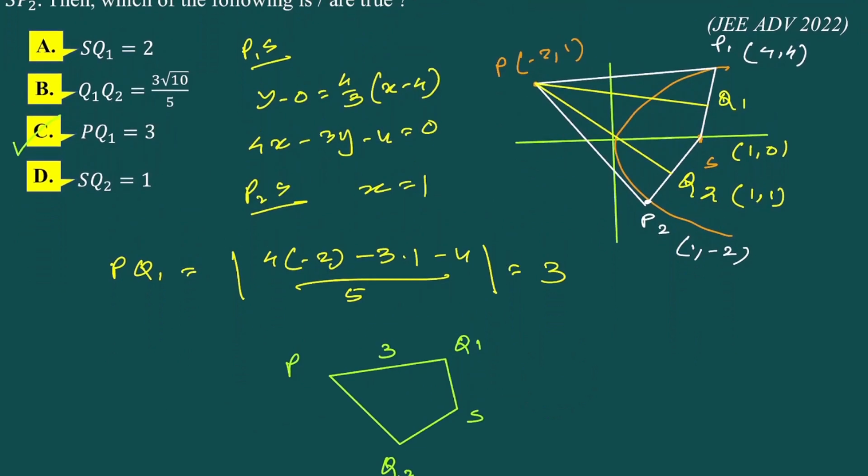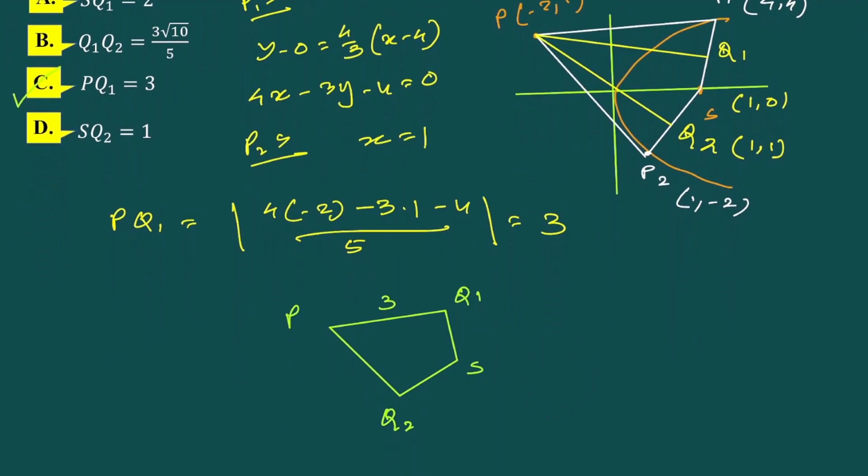Now PQ2 also we can get easily. PQ2 is 3. This is root 10, and this is 90 degree, everyone. Using the Pythagoras theorem in triangle PQ1S, we can get that Q1S is 1. This is also 1. It is a kite structure.